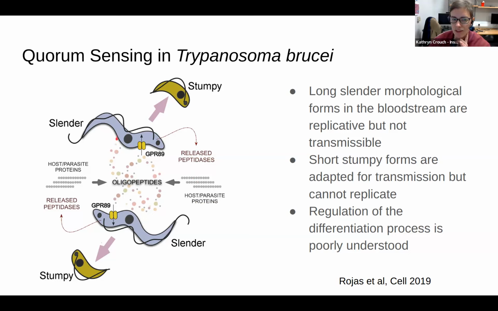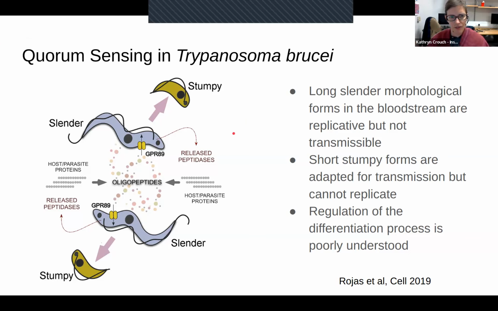And so the more slender forms you have, the more peptidases, the more oligopeptides, the stronger the signal. And once that signal crosses the threshold, then you get differentiation to stumpy forms. So that was great, but what happens after this ligand binding event was still not understood. And that's what this group were trying to understand in the experiment that I'm about to show you.